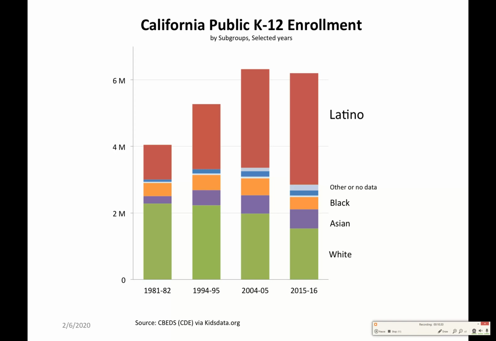In this case, we're using time, but we're using time in comparison to different years. The x-axis is years. The y-axis is the number of student enrollment. California public K through 12 enrollment. So it gives you a breakdown of the ethnicity of student enrollment. Based on that, which one is the biggest ethnic enrollment?